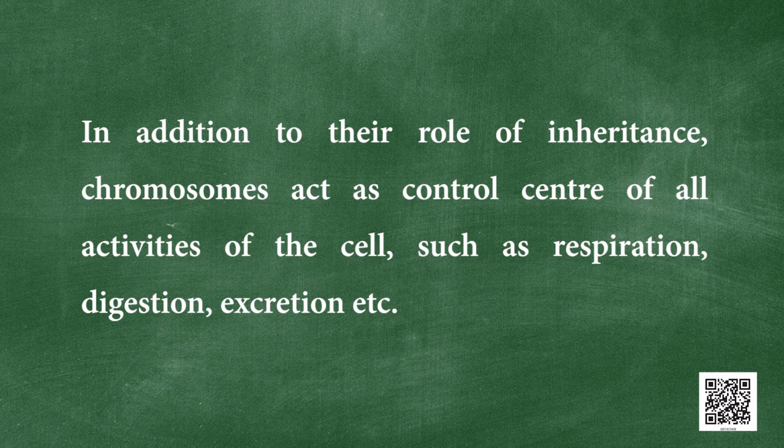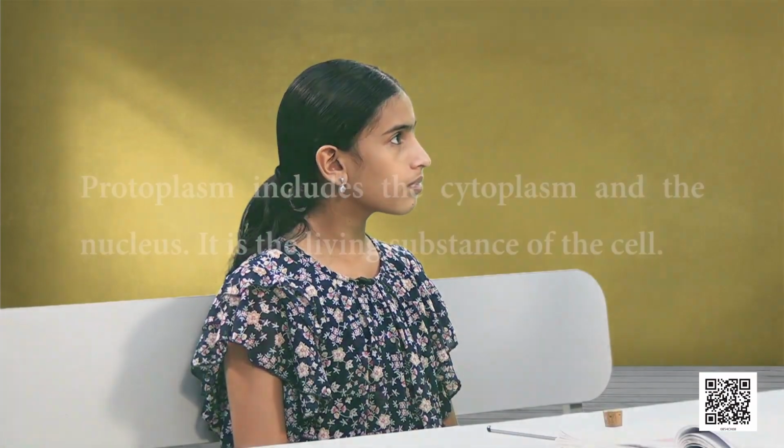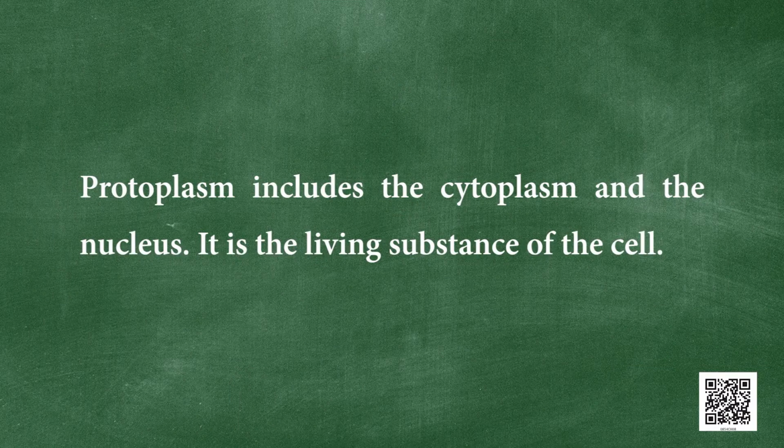Therefore, students, the entire content of the living cell is known as protoplasm. Ma'am, you mean this nucleus? No, protoplasm includes cytoplasm and the nucleus. It is the living substance of the cell.